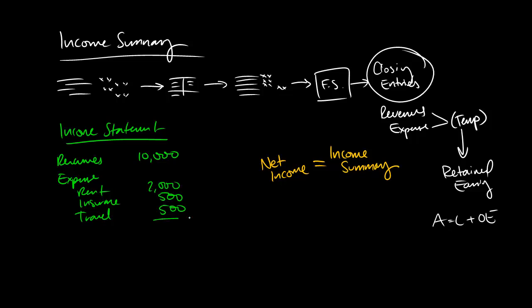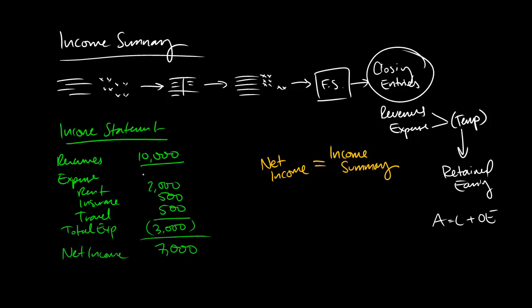My total expenses are going to be $3,000. And if I take my revenues and subtract my expenses of $3,000, then my net income is going to be $7,000. Does that make sense, right?